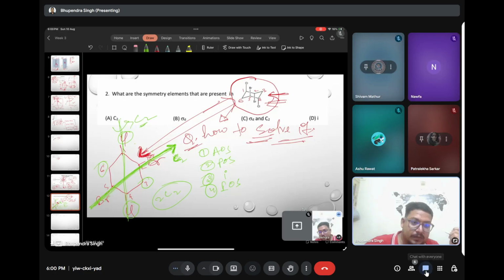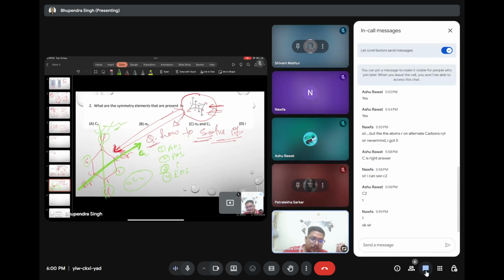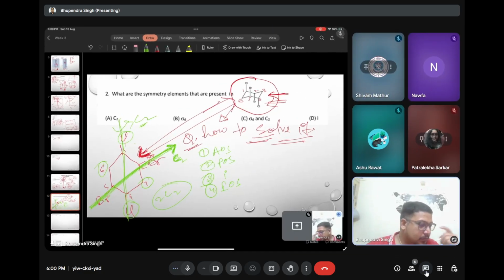You guys are not replying or what? Okay. Sir, I can say C2. Okay, so 2 C2s are present, and these two are perpendicular to each other or not? Tell me that also. Yes, Ansu is saying yes.